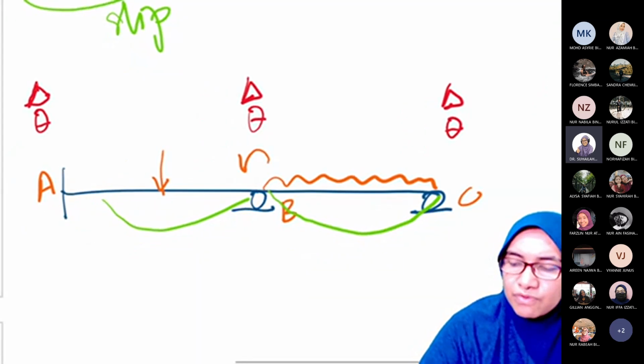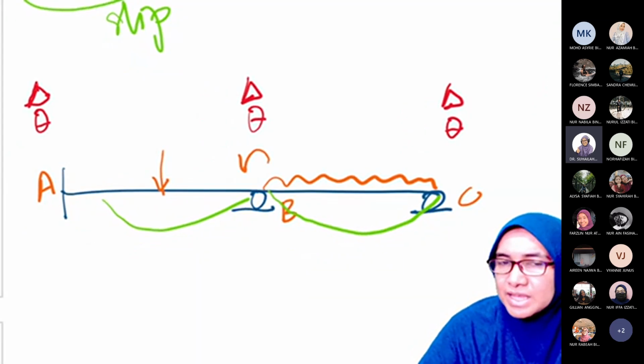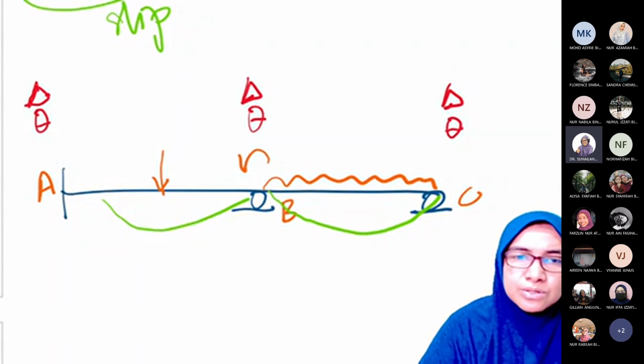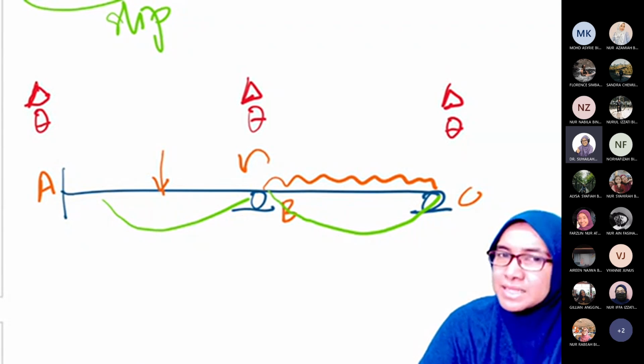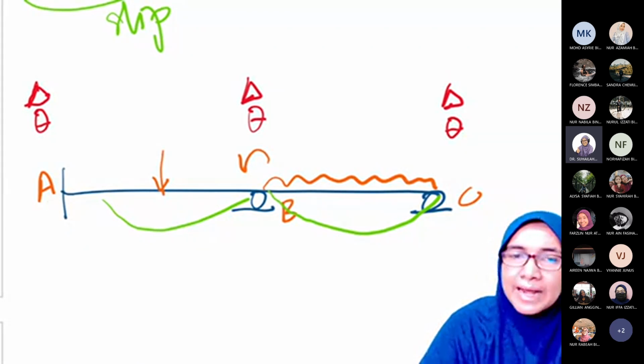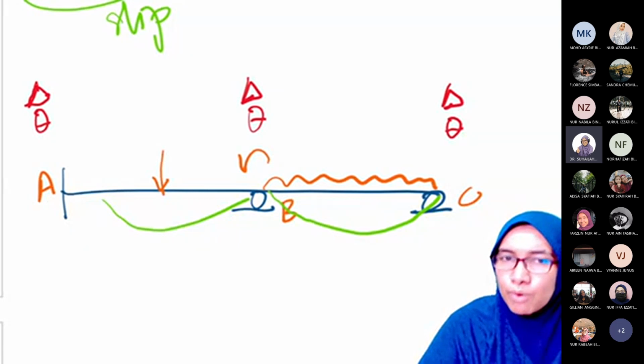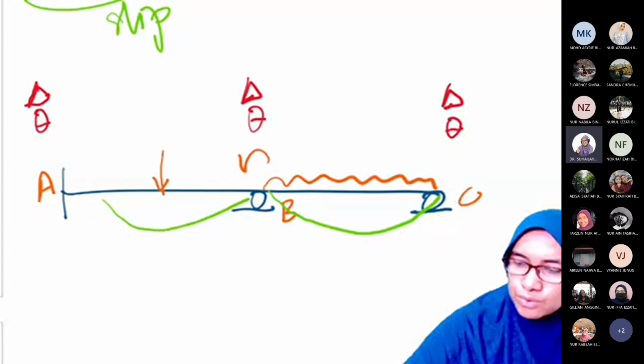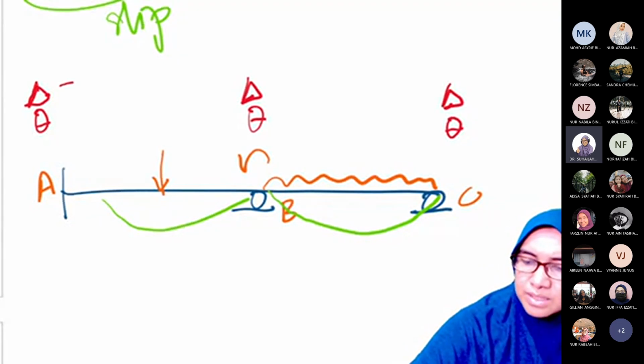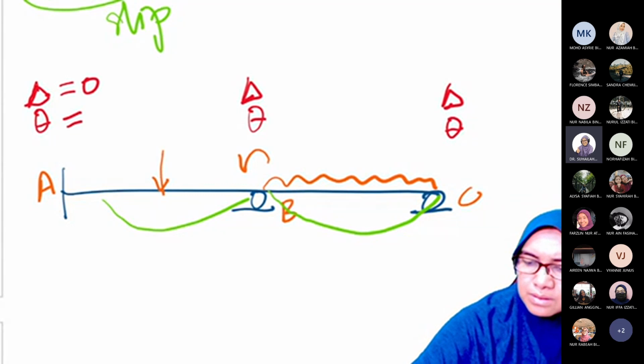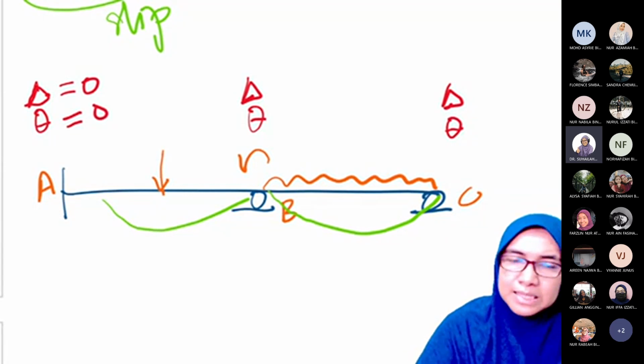Okay, so from this deflected shape, we can be able to identify mana dia zero displacement, mana dia non-zero displacement. So at A, due to fixed support, both delta and theta are zero. Sebab nampak kat situ memang zero.